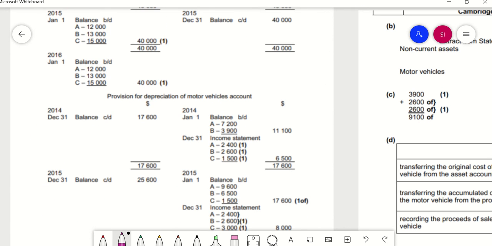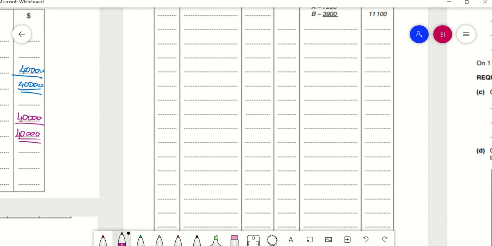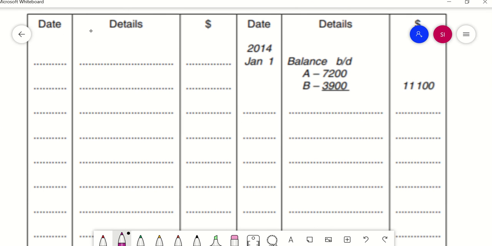So let's check whether it's the same answer. 6,500, you can see in the marking scheme, 6,500. So we're going to enter this 6,500 in provision for depreciation account. This amount goes to income statement under the category of expenses as of 31st 12 2014. Now let's balance the ledger.